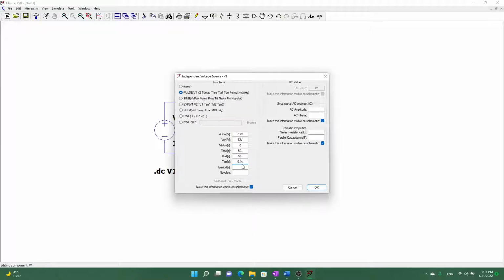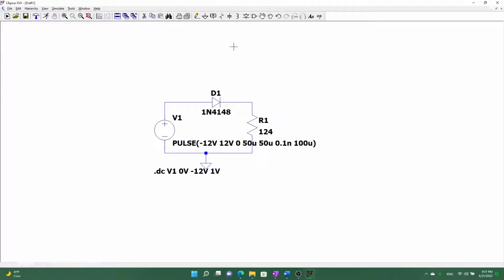And a period of 100 micro. Why 100 micro? It's basically the sum of the rise and fall time, and the pulse width is the time the voltage stays at its maximum value. So we have to have a very, very small value here. Okay, so this is our pulse waveform.